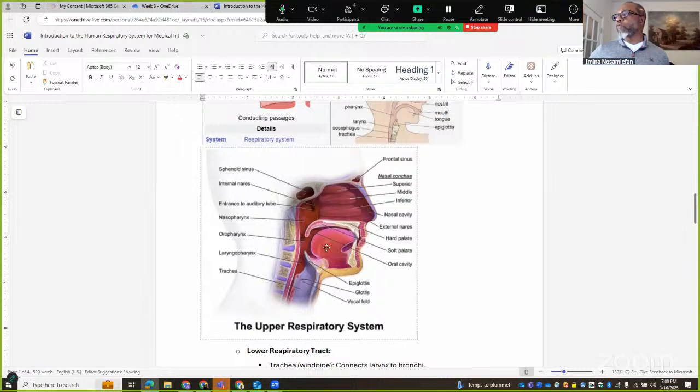When you swallow food, there's your tongue, it comes here, and you don't want it going down here, right? So the epiglottis closes and covers this opening, like a door or a window, and the food slides over it.